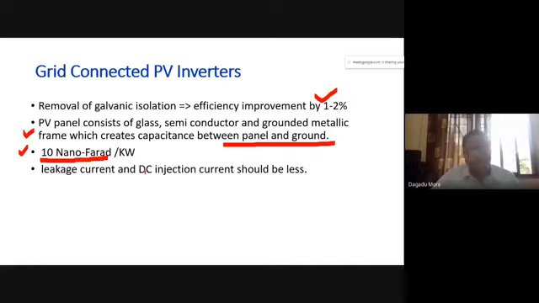Because of this capacitance, we have a leakage current in the system, flowing between the panel and the ground. We want to minimize this leakage current so that the safety of the personnel working on it is ensured.